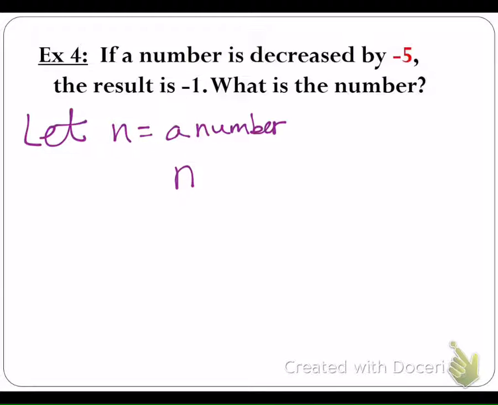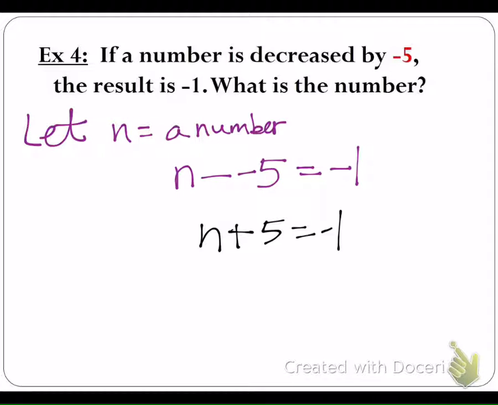What does that mean? Minus a -5. The result is -1. What is "the result is"? Equal. That's my equal sign, and then -1. All right, I'm going to clean that up. This is like n plus 5 equals -1.